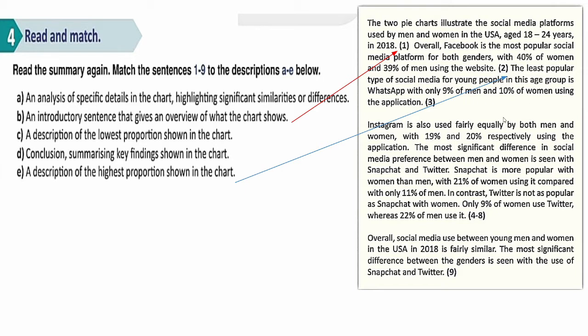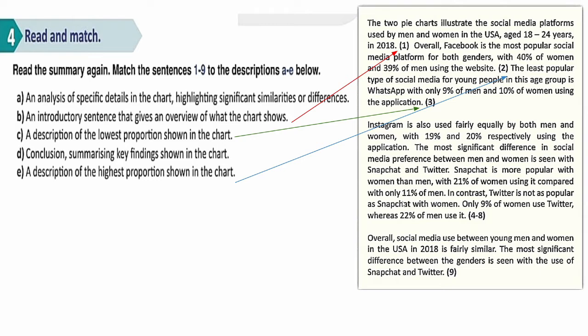Let's read sentence number 3 now. The least popular. From the first phrase here, we can know that this is what? A description of the lowest. Yes, so C matches with number 3. Now, look at the second paragraph.